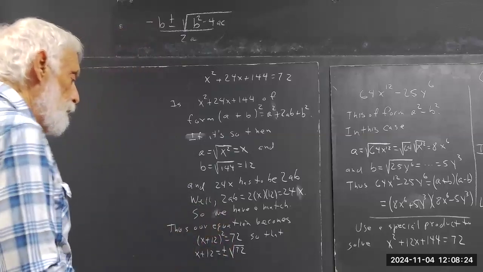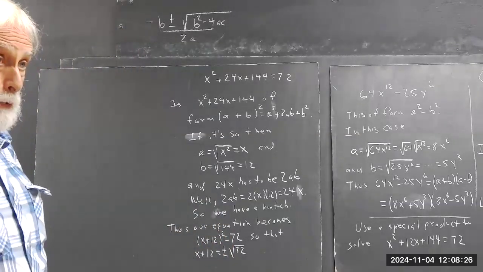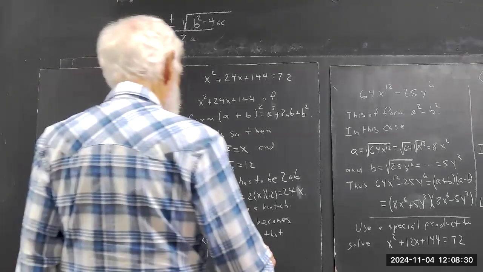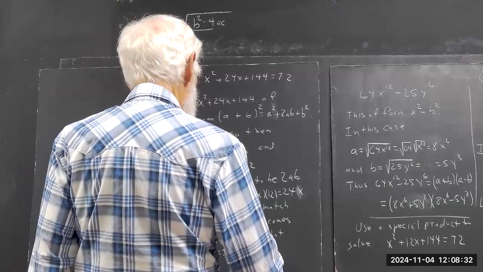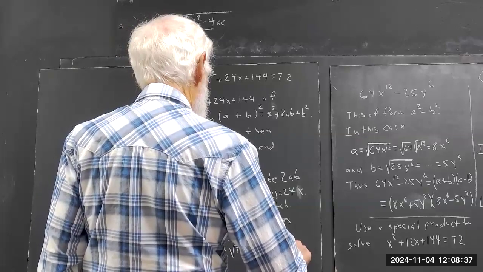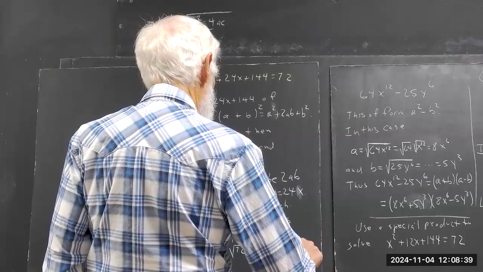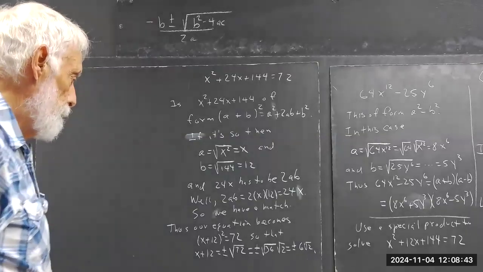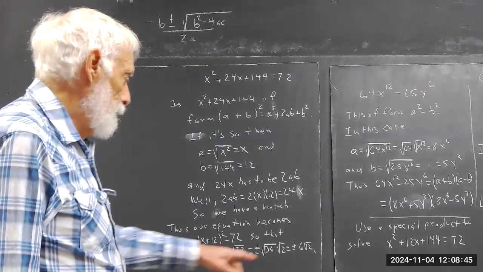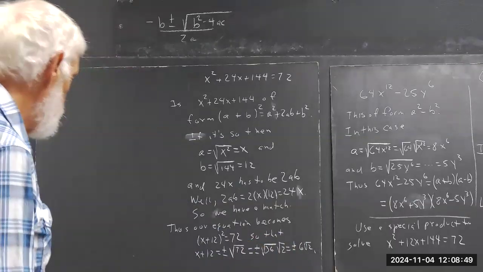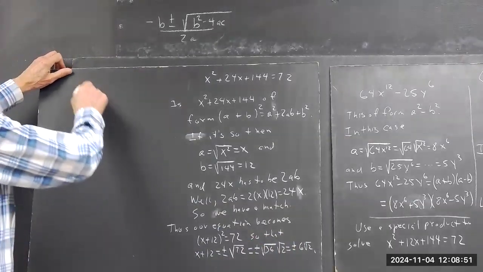X plus 12 is plus or minus square root of 72, which is, and that's 6, well, it's plus or minus 6 times the square root of 2.